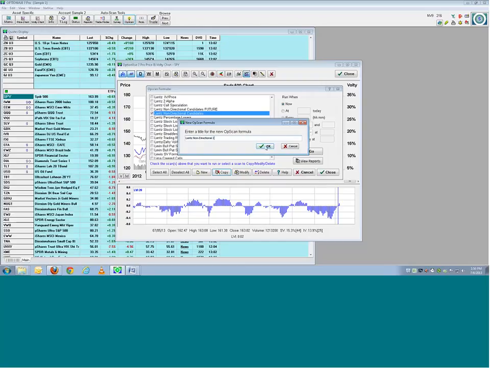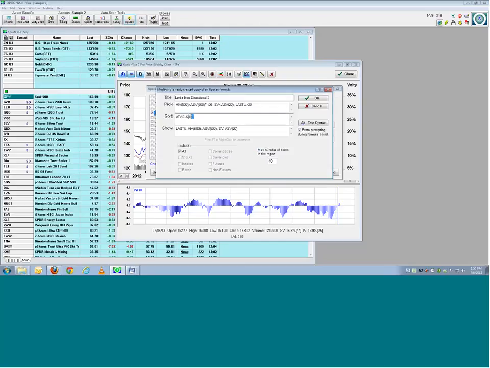And I'm going to change the sort line. First I'm going to put in a filter. I'm going to want the 10-day dollar volume of options traded to be greater than $1 million. It's in thousands of dollars, so I've got to put that there.